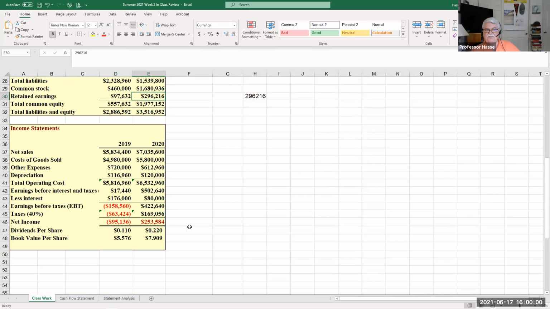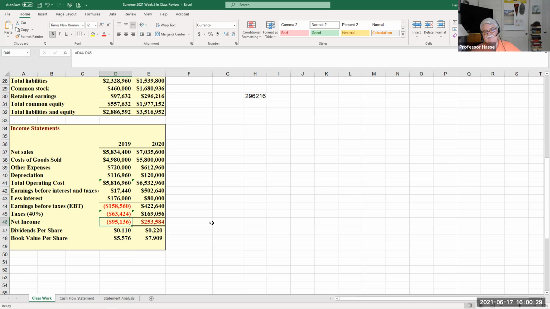The income statement is just simply for a period of time, the year ending December 31st, 2020, what our revenues were, what our expenses were, what our operating earnings were, what our interest expenses were, and what our taxes were. That all sums up to net income, or in the case of 2019 in this company, their net loss.